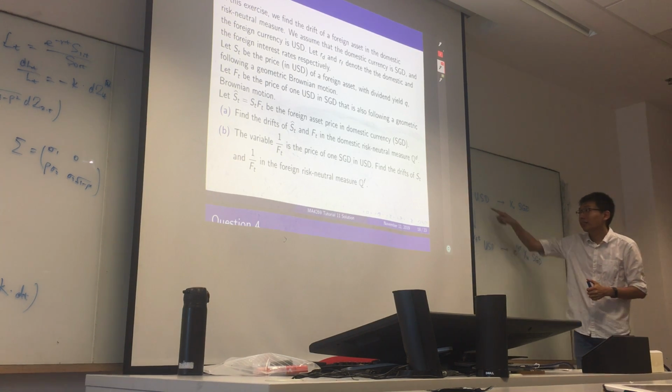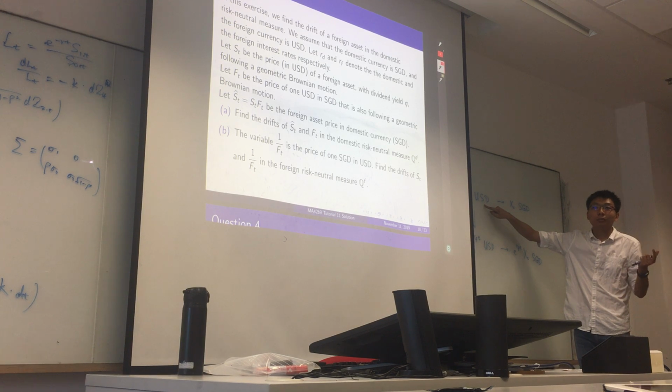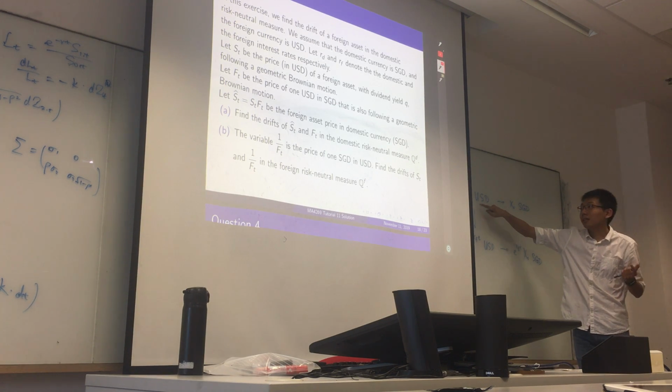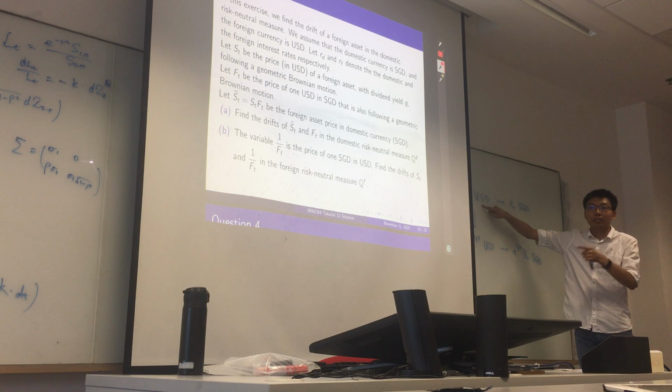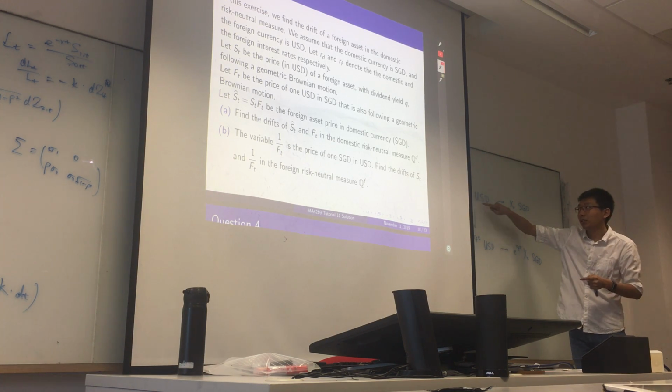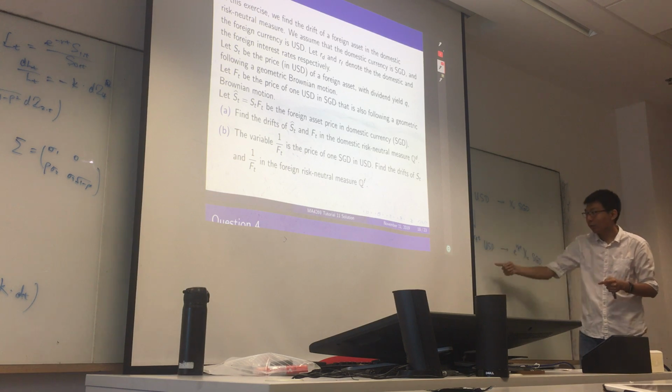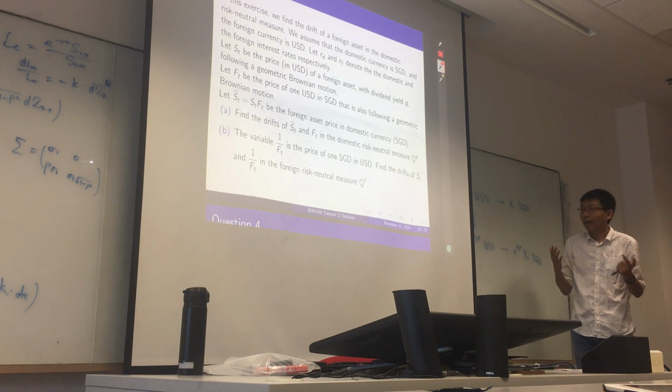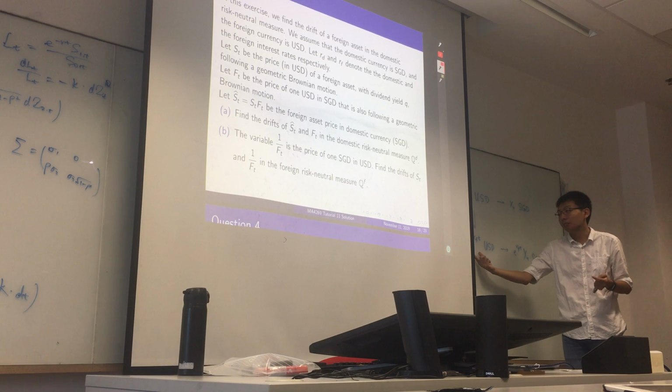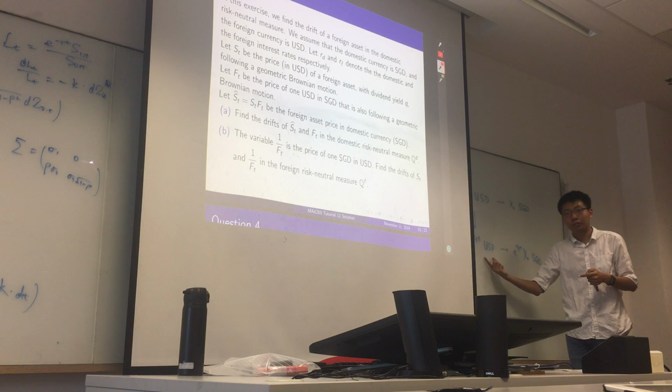So USD is just a code name for some stock. At the beginning, I own 1 unit of such USD stock, and after a while, even though I did not do anything, it becomes e to the power rF times t units of USD stock.